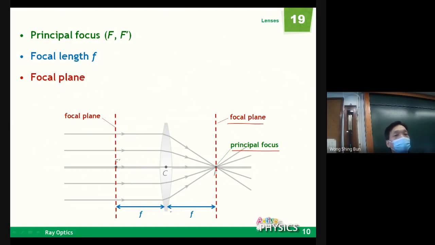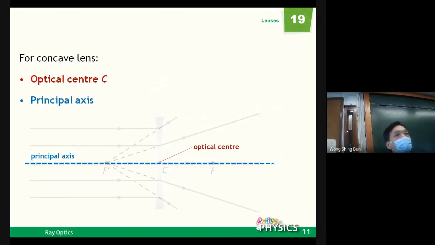And the separation between the principal focus and the optical center, we will call focal length, F. Once again, this one is wave, but in this topic, optics, F is focal length instead of frequency. Don't mix them up.